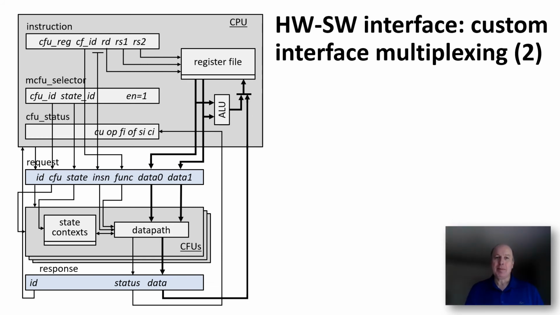These are all packaged up in a CFU request, which selects the CFU, state context, function, and operands. The CFU performs the function and may read or write only the selected state context data. The CFU response includes the data result, which is written back to the register file, and a response status, which is accumulated in the CFU status register.